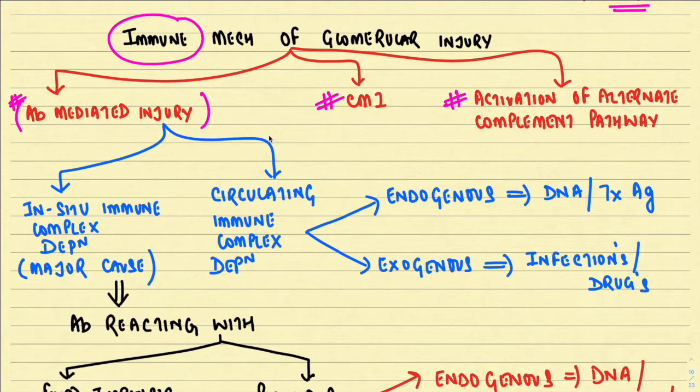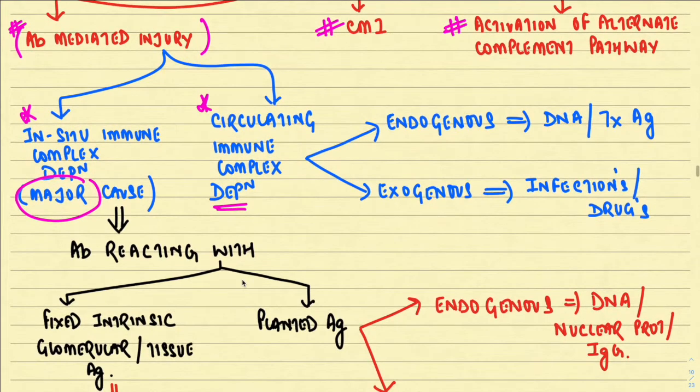This antibody mediated injury can be because of in situ immune complex deposition, which is the major cause of antibody mediated injury, or it can be because of circulating immune complex deposition. First you have to understand the difference between in situ and circulating.